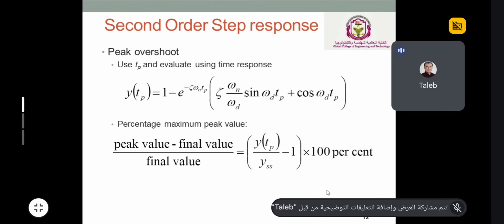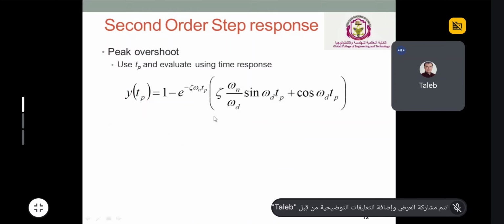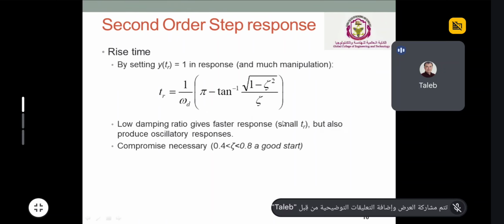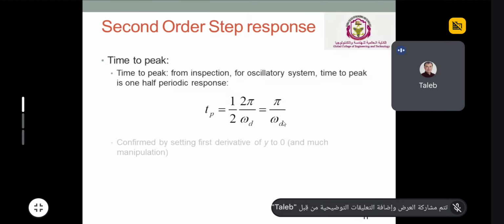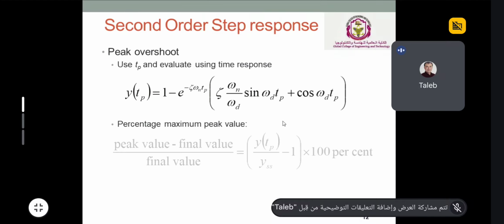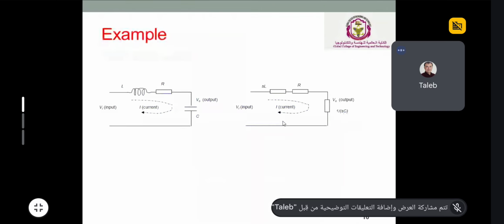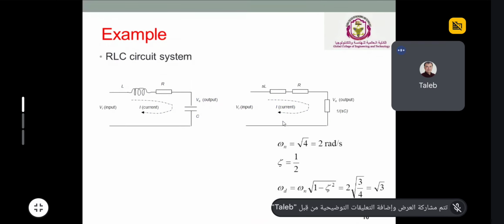But here you see omega d. Here we need omega d for Tp, for Ts, and Tr also omega d. So this omega d is given by that formula here, omega n square root of 1 minus zeta squared.